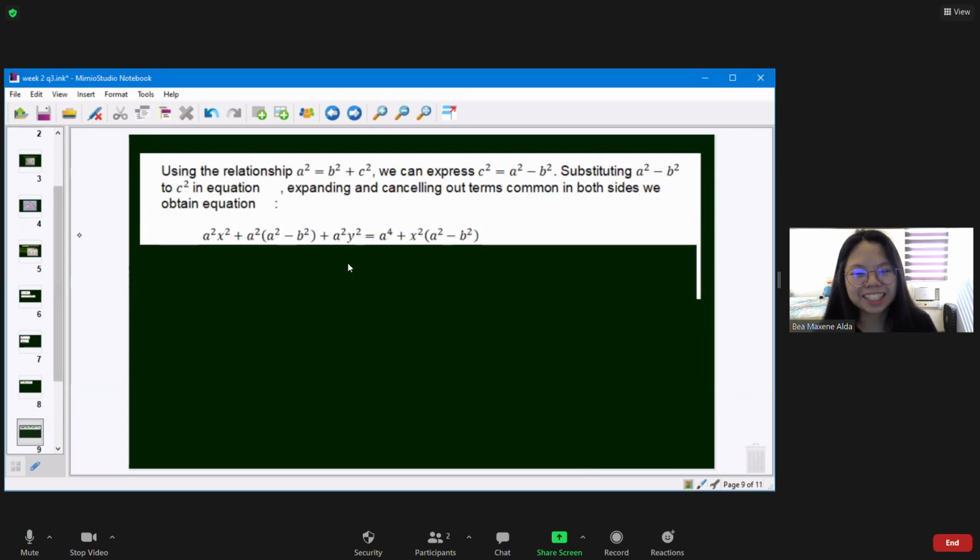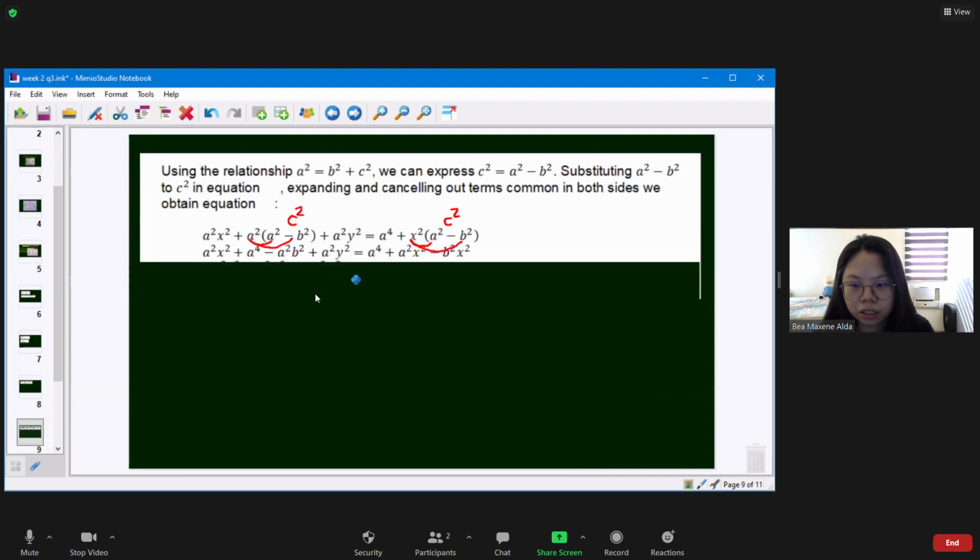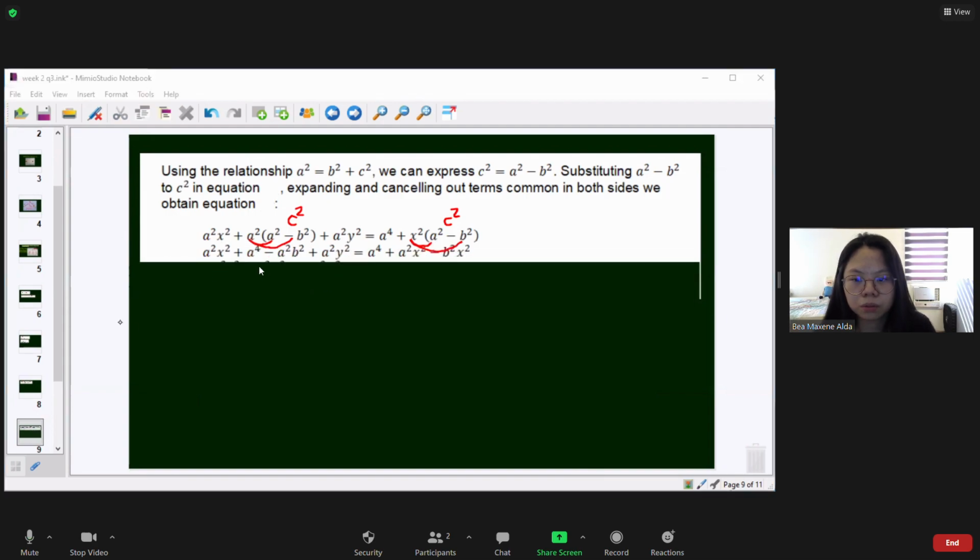Ayan. So, di ba, yung c squared naging a squared minus b squared. We can expand, we distribute a squared over here, and then we also distribute x squared over here. So, yan yung kinalabasan.